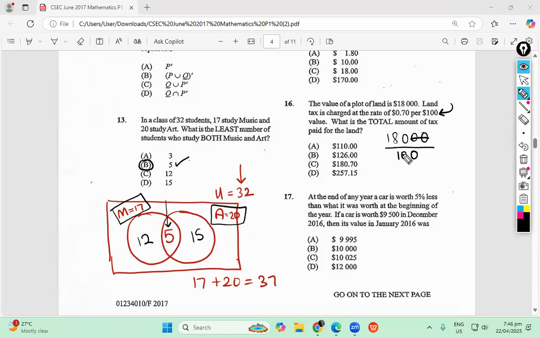So that means there are 180 $100 bills, and on each of these you are getting taxed 70 cents. So they just want you to take the 180 and multiply by 0.70. 180 by 0.70 is $126. The answer is B.